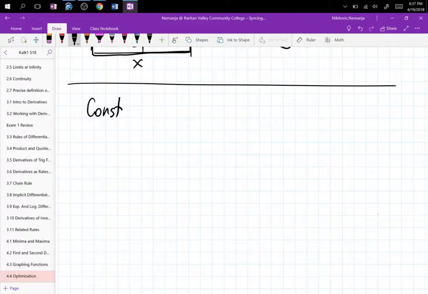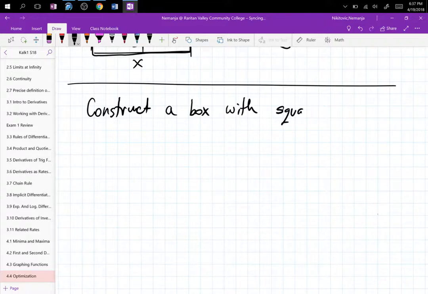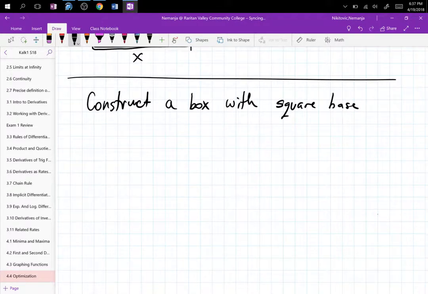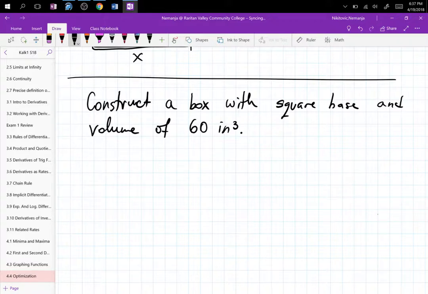So let's say that you are constructing a box with square base and volume of, let's say, 60 inches cubed.